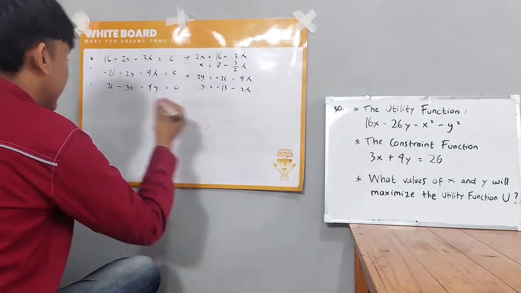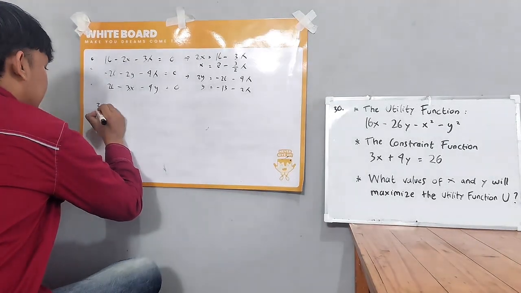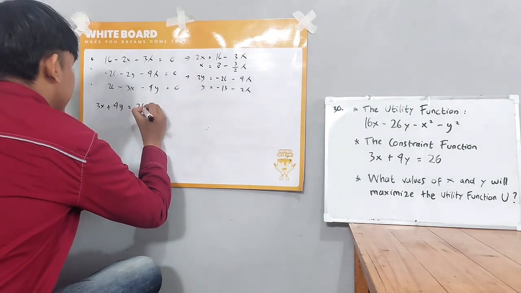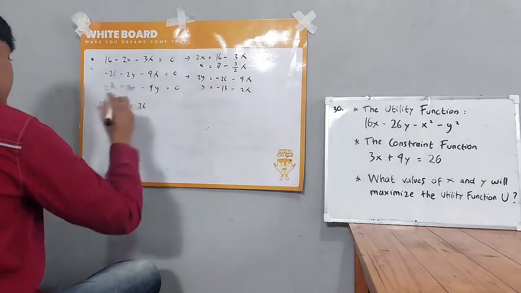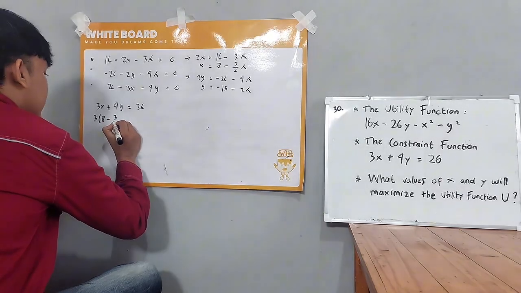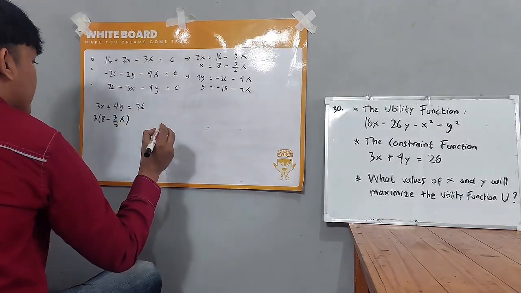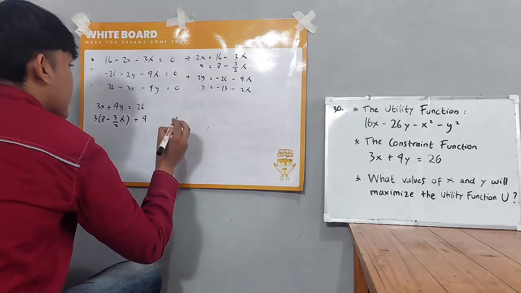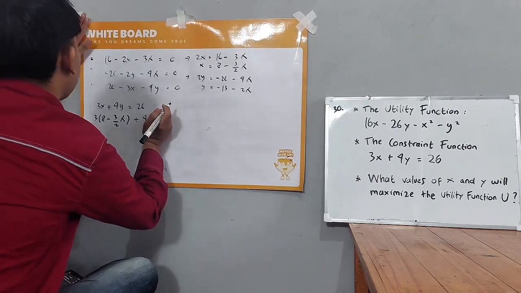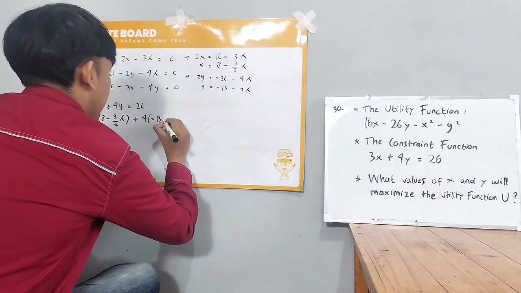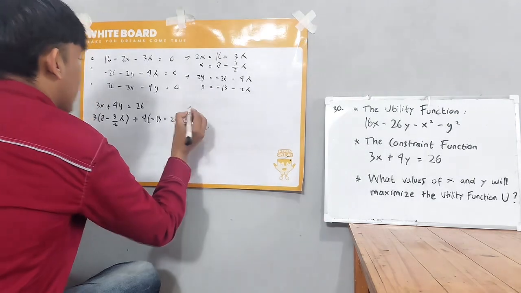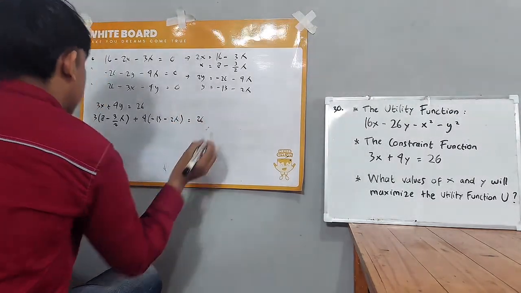The constraint equation is 3x plus 4y equals 26, and we substitute x and y. 3 times (8 minus 3/2 lambda) plus 4 times (13 minus 2 lambda) equals 26.